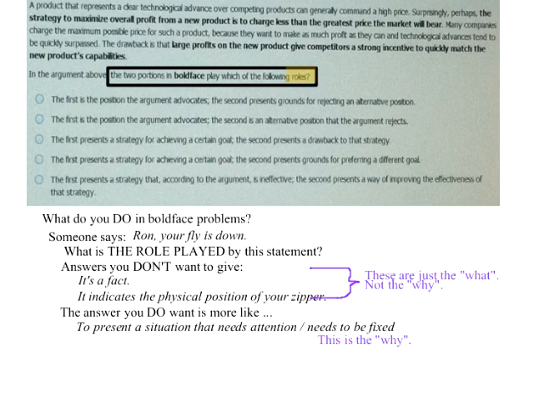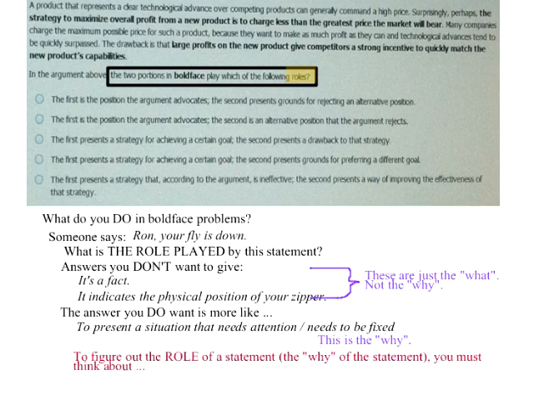So figure out the role of a statement, which is the why of the statement. You must think about where the speaker is going with this. Why is the speaker telling me this?